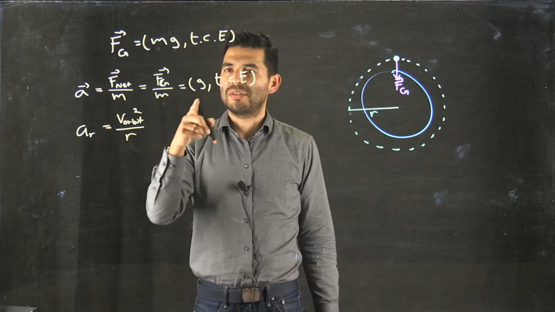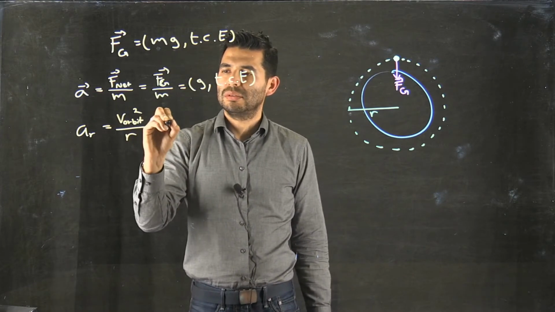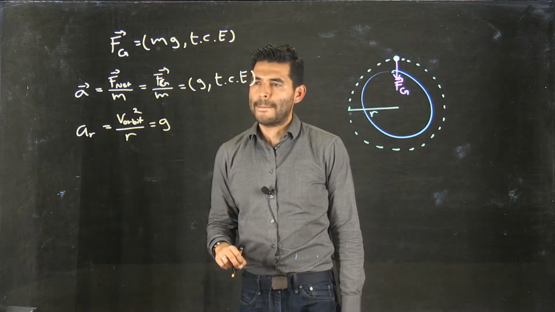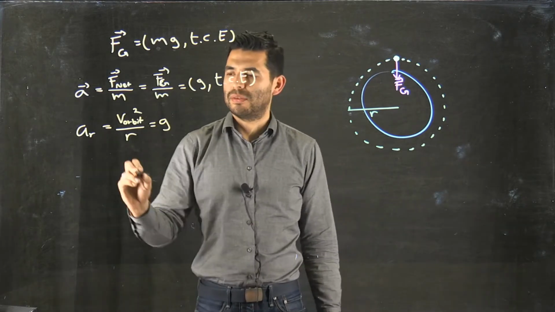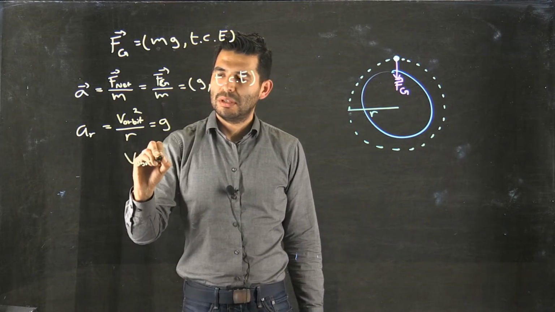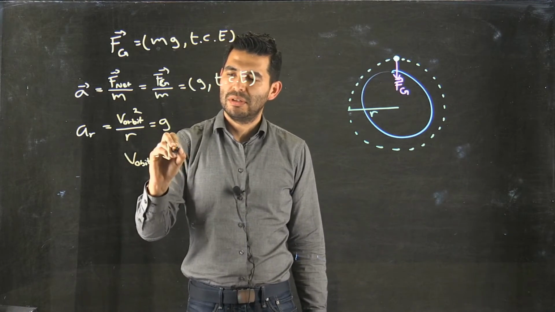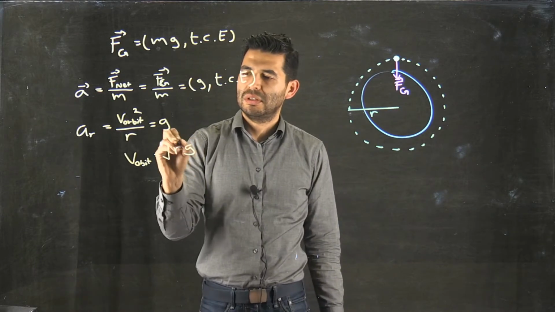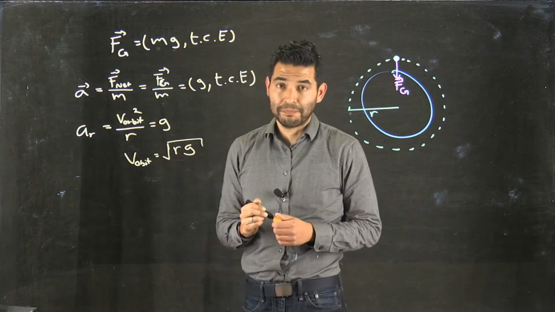But then from this other equation, I know that that acceleration is just free fall acceleration, g. So then I can very quickly solve for the speed to be in orbit as the square root of the radius of this orbit times free fall acceleration.